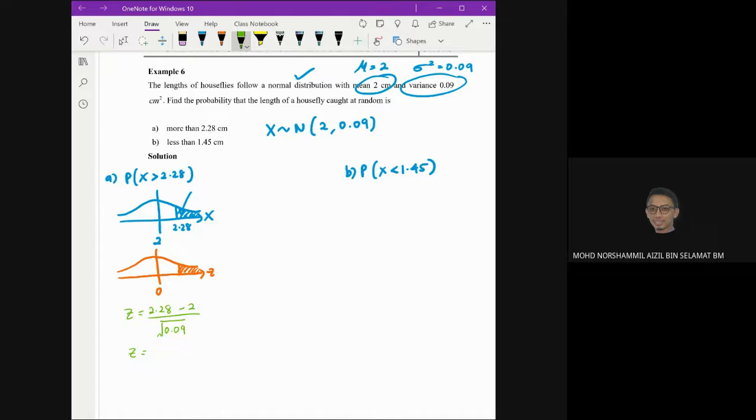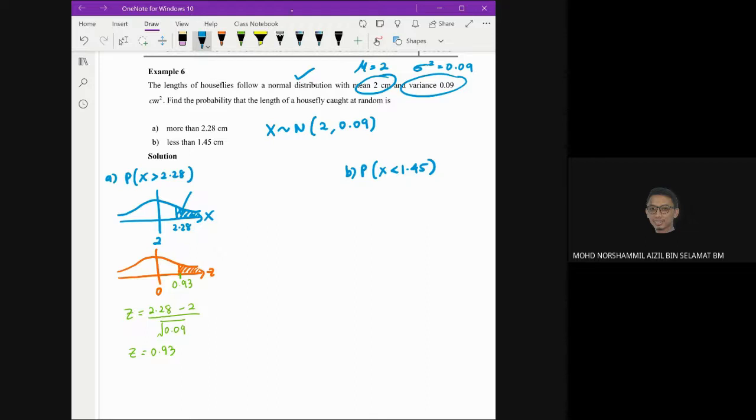Please calculate. 0.93. So what does it mean? Here the value is 0.93. Now we can look at the table.